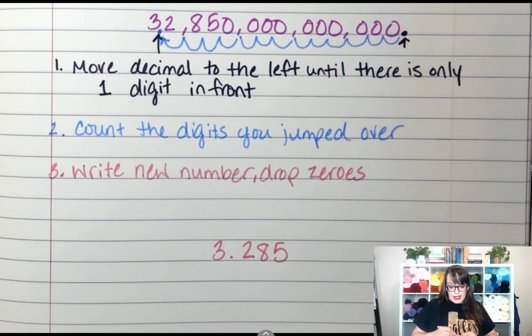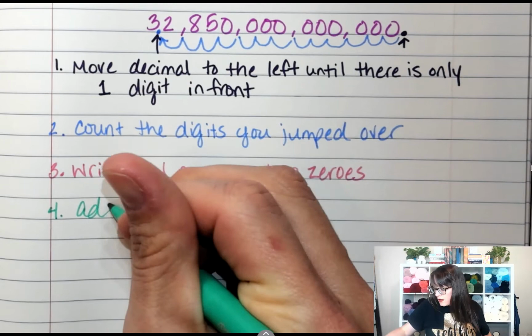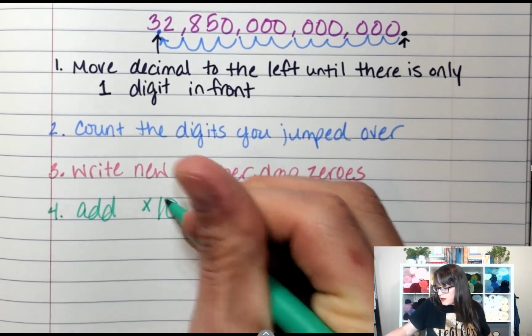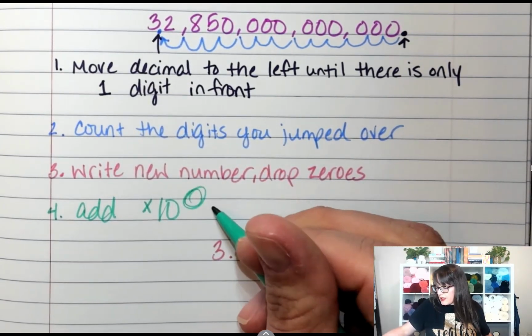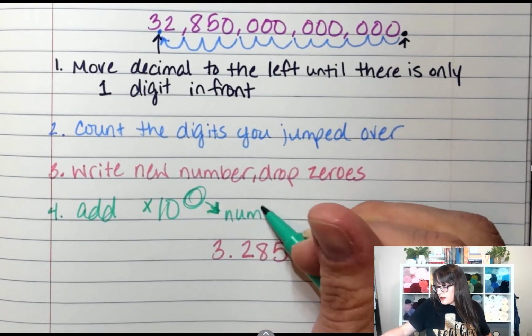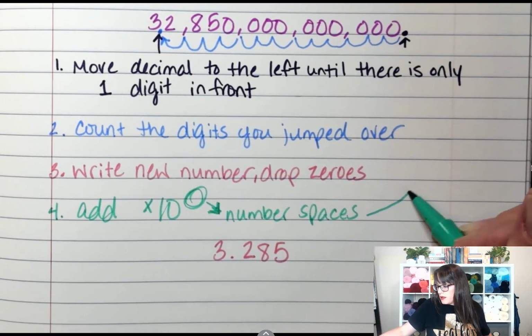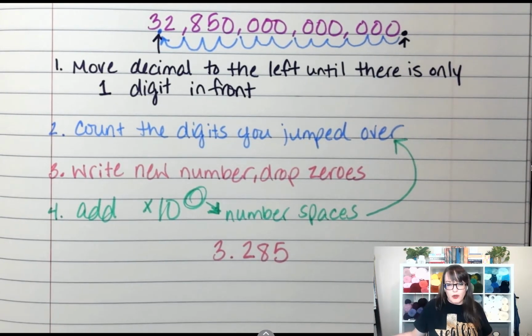Then you're going to write times 10, and your exponent is your number of spaces from step 2.